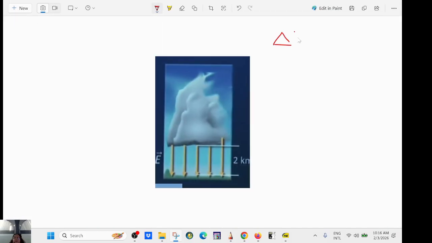You see, delta V equals E delta y. So the electric field is going to be uniform, so you just use this. So this is plus, plus, plus, plus, because in a cloud you have friction, so you have a separation of charge. So if this is plus, then the ground is like a reservoir, so you have the minus here.